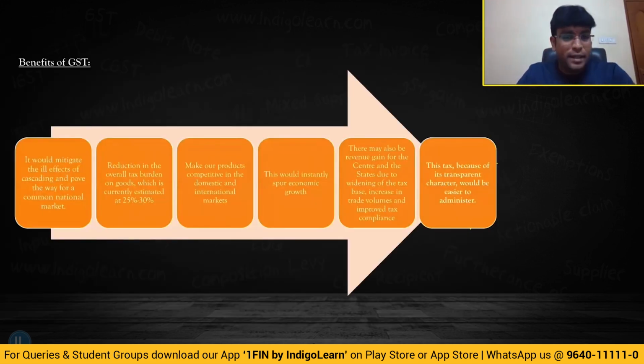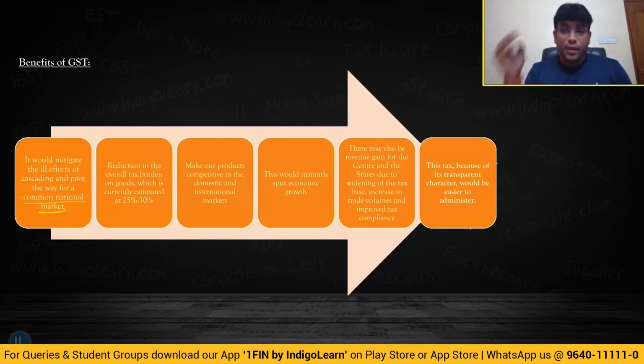So let's come back. Come on, see now. It would mitigate the ill effects of cascading and pave way for common national markets. Now people will not start looking at whether credit will come if we procure within the state or outside the state. The only thing they look at is the quality of the product and the quality of service.